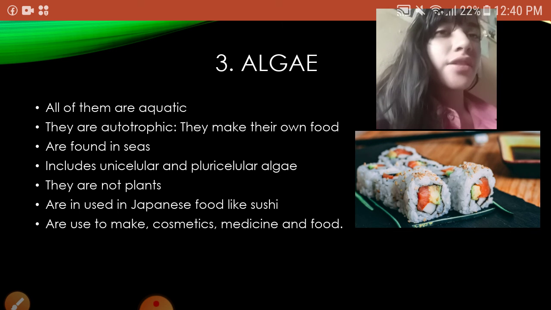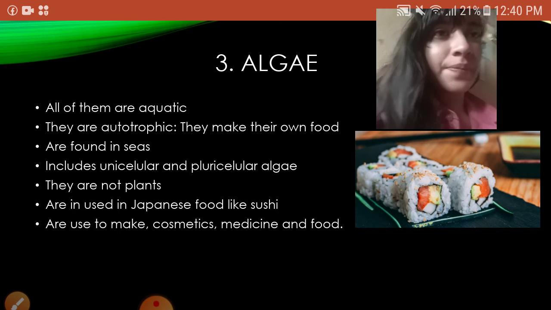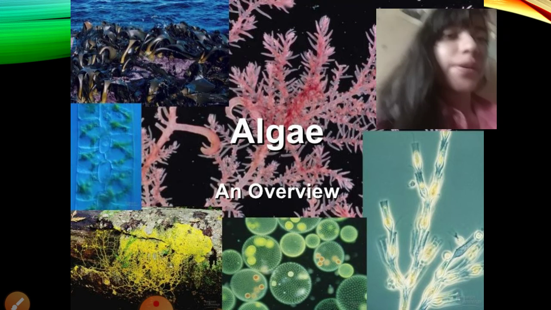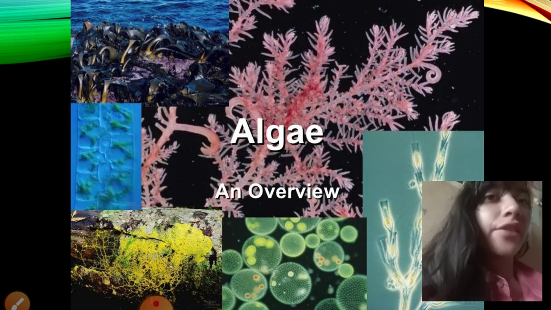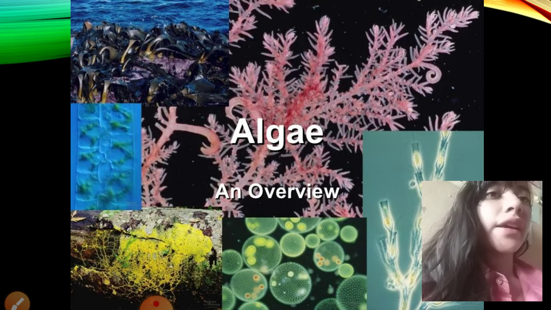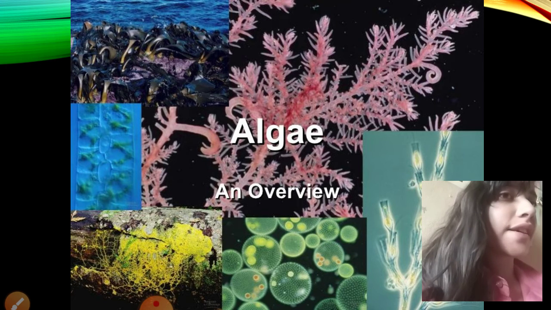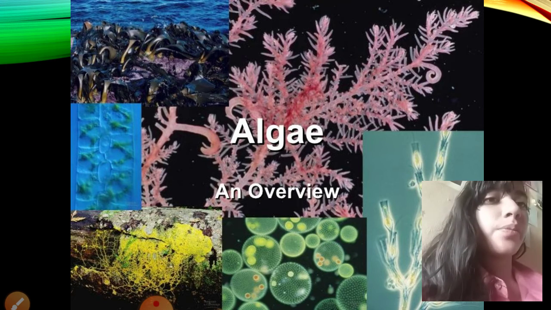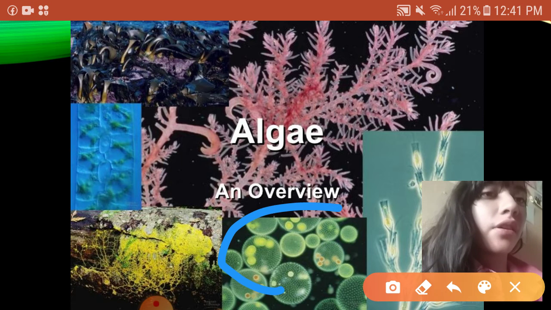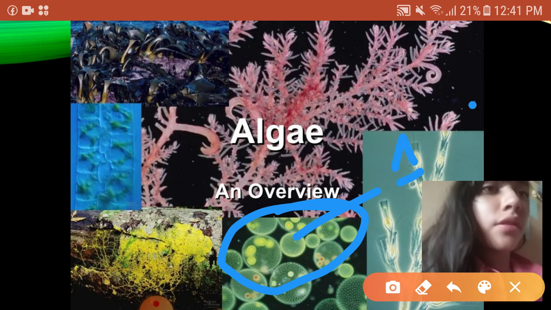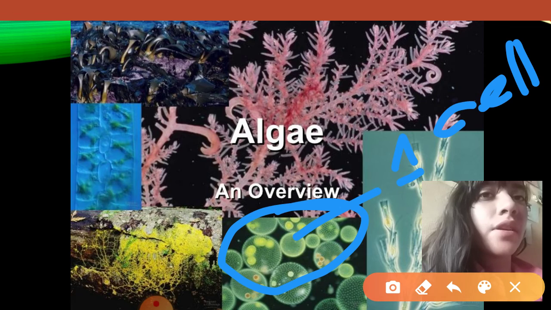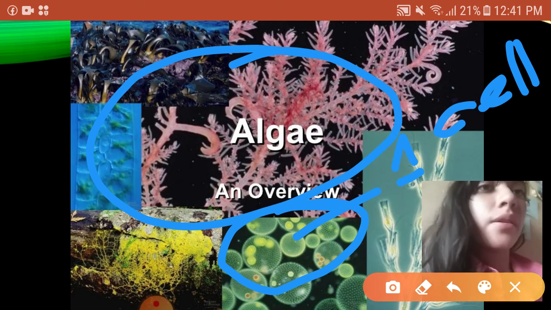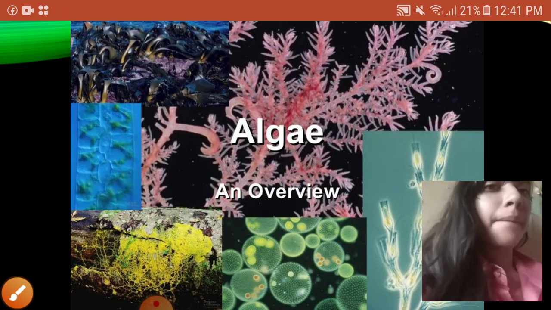These are characteristics of algae. Now we can see here a picture of algae. They are found in any water, like in seas. It could be unicellular, formed by one cell, or multicellular, pluricellular, made by many cells.